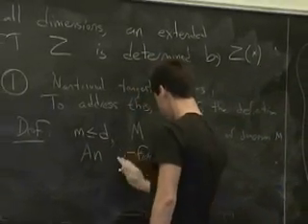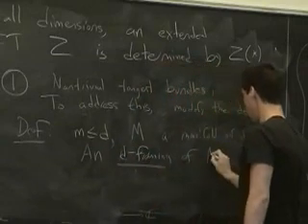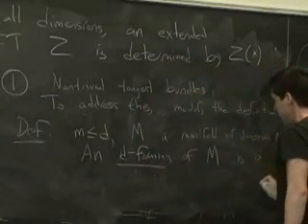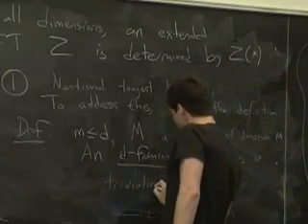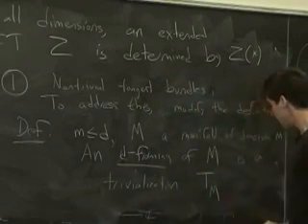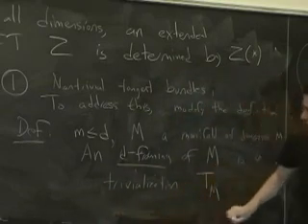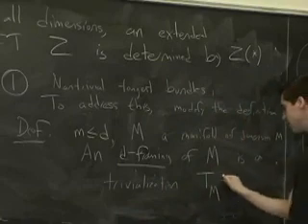A d framing of M is a trivialization of the tangent bundle of M. But I want to trivialize this, thinking of everything as being d-dimensional.